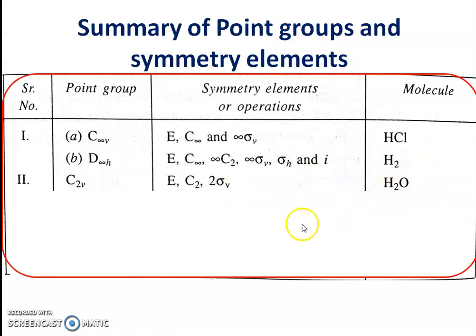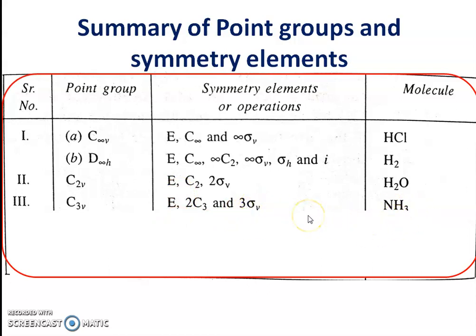Example is the water molecule. Next example of point group, that is C3v. In the C3v point group, possible elements are identity, 2C3 principal axis, that is C3(1) and C3(2), C3(3) is identity, and there are three vertical planes.